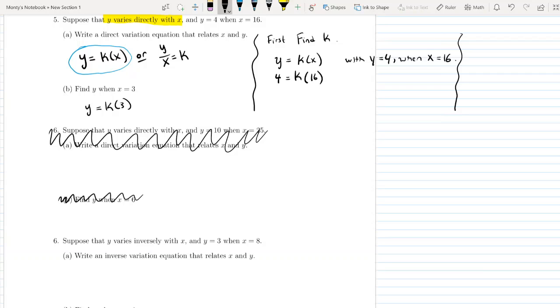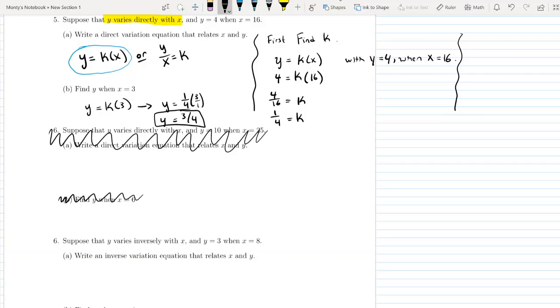Divide both sides by 16. We have 4 over 16, but then simplify this down. This gives us 1/4. So now, if we go over here, we have our missing information, which is k. So k is now 1/4 times 3 over 1, or just 3, and that is equal to 3/4. So y is equal to 3/4 with this direct variation between x and y.